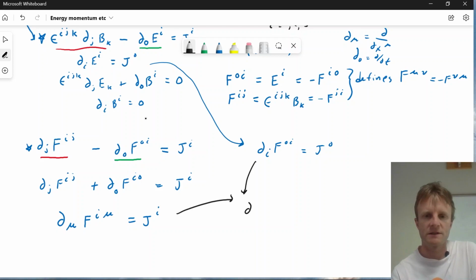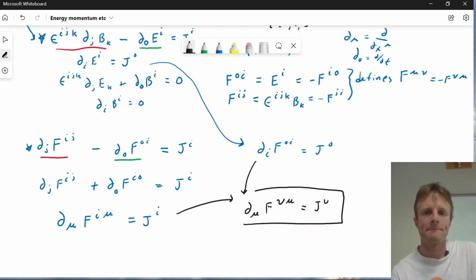And the equation is ∂_μ F^{νμ} = j^ν, because here we have ν = 0. This is the ν = 0 component of that equation, and this is the ν = i component of that equation. And it goes through everything except for i = 0, which would just be 0.